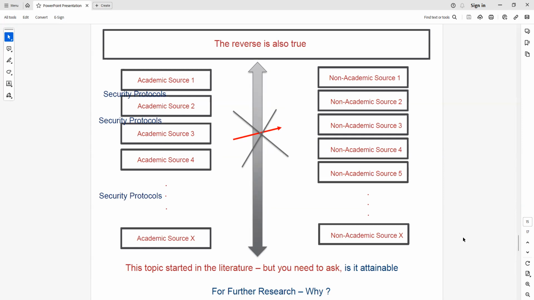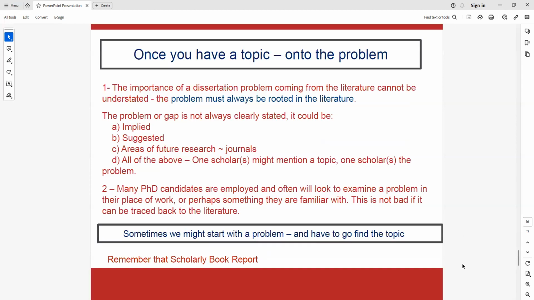Okay, and sometimes people write dissertations and then they take their work and they actually write articles for non-academic sources, and that's fine too. So the scholarly boundary is very, very important, that you kind of understand where it is.